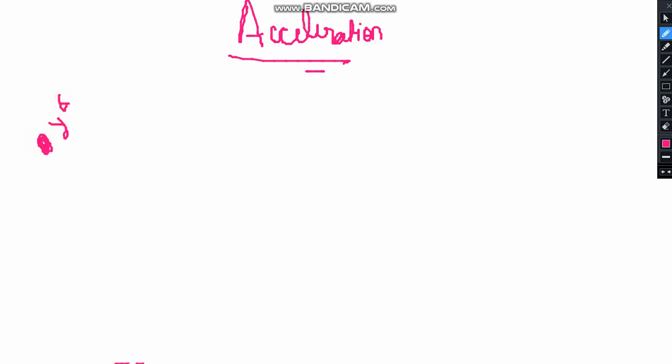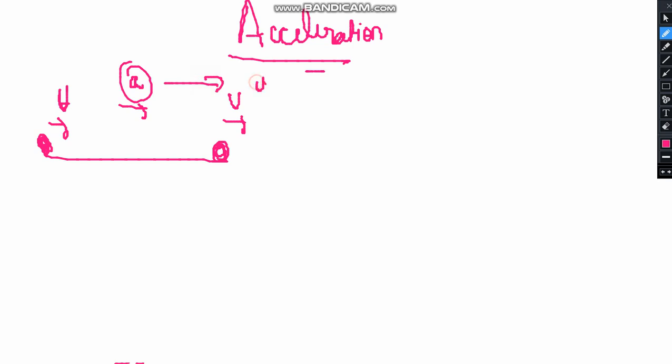Okay, now we will deal with acceleration. Acceleration is a whole new concept. A particle starts at some time, and you can start at any time you want. It is moving at an initial velocity, and then it is moving at a final velocity, and this gives your acceleration.